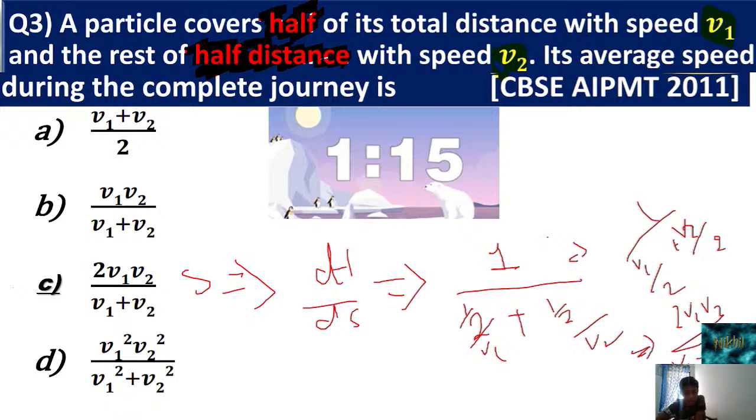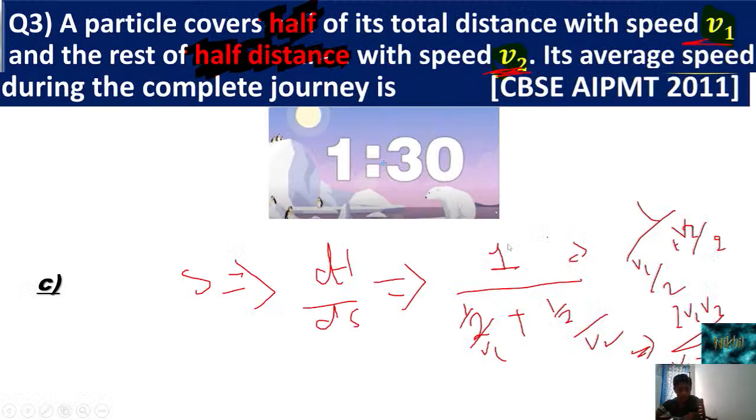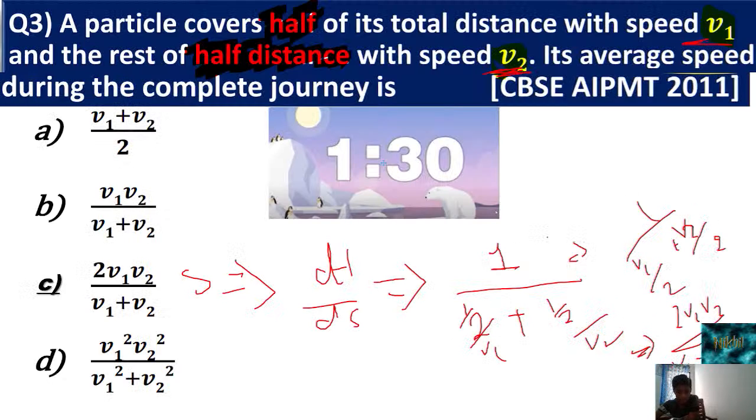Here the answer would be 2, but to find this we took total distance as 1, in the form of x, because total distance is not given to us. So to prove this we should take v1, v2. Hope this is clear to you all.